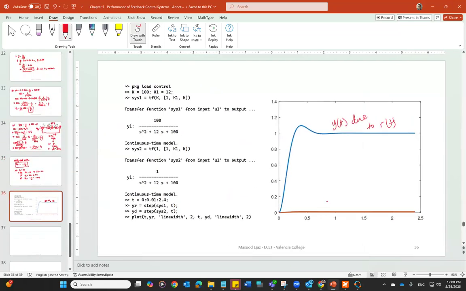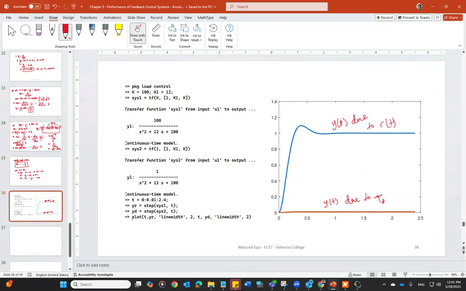And then, of course, this is y(t) due to the disturbance signal, d(t). As you can see, both commands are steps, d(t) is a step and r(t) is a step. Of course, your output due to the input is much more substantial than the output due to the disturbance for k equal to 100 and k1 equal to 12.